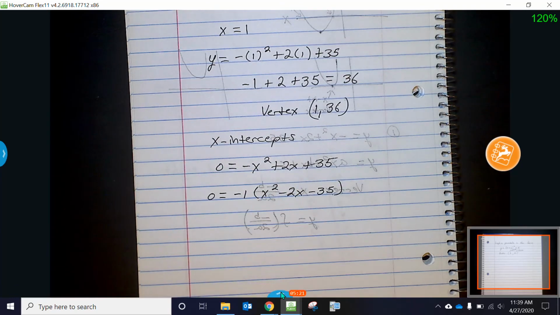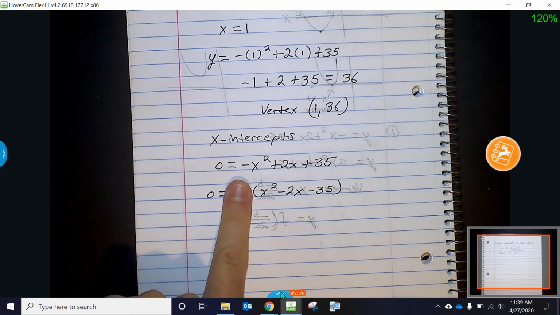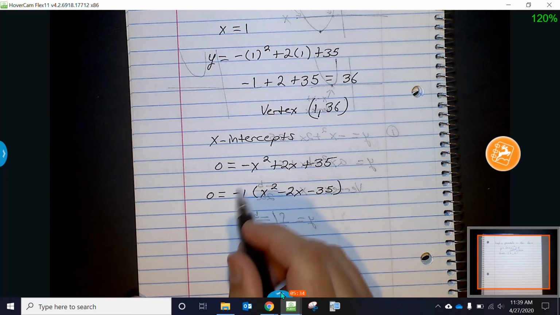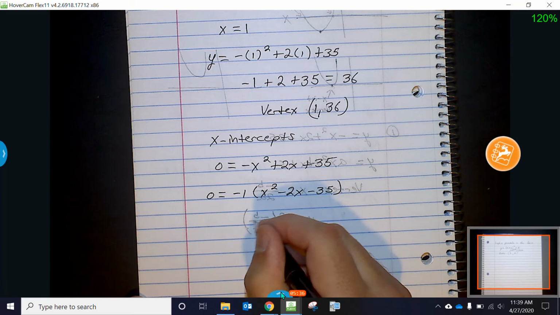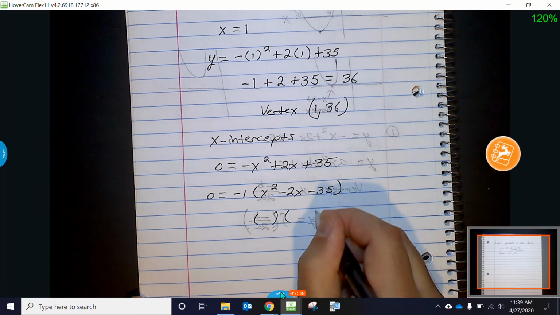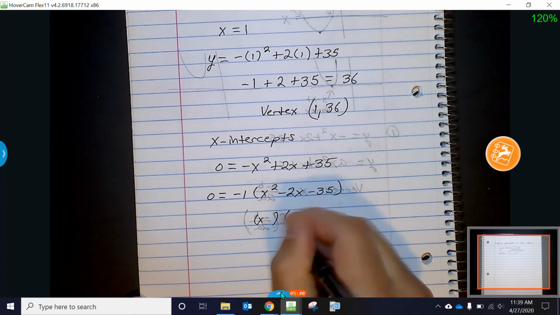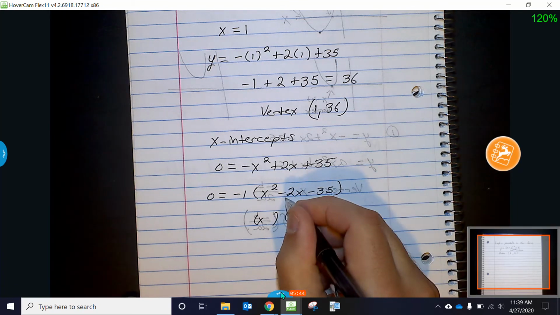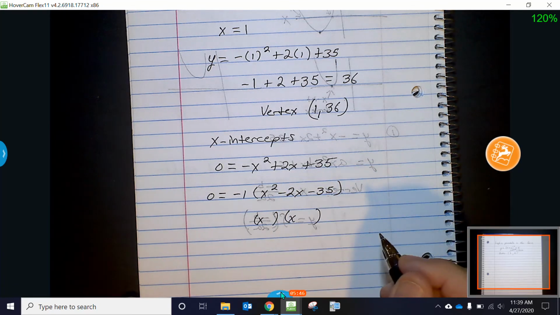Okay. Alex takes out a -1, which works. It's probably quicker and easier. It doesn't really matter as long as you get this either way, you're good. Okay, now we don't care about the -1. All we're going to do is factor this. And these will work. So we have an x and an x. What multiplies out to -35 that adds up to -2?